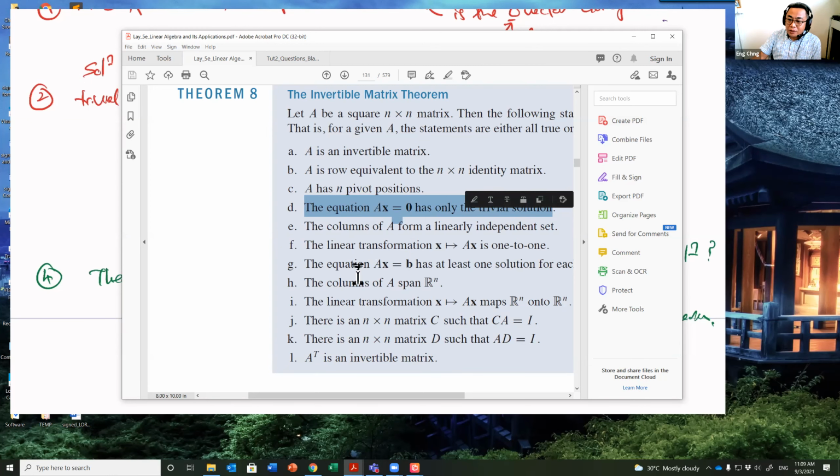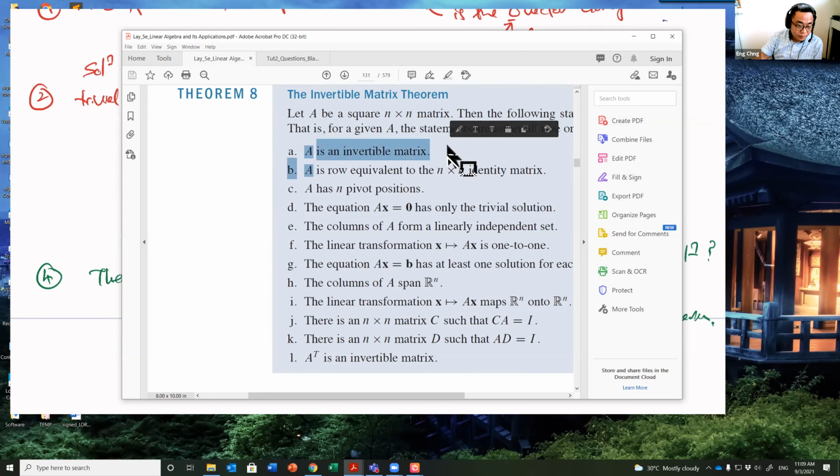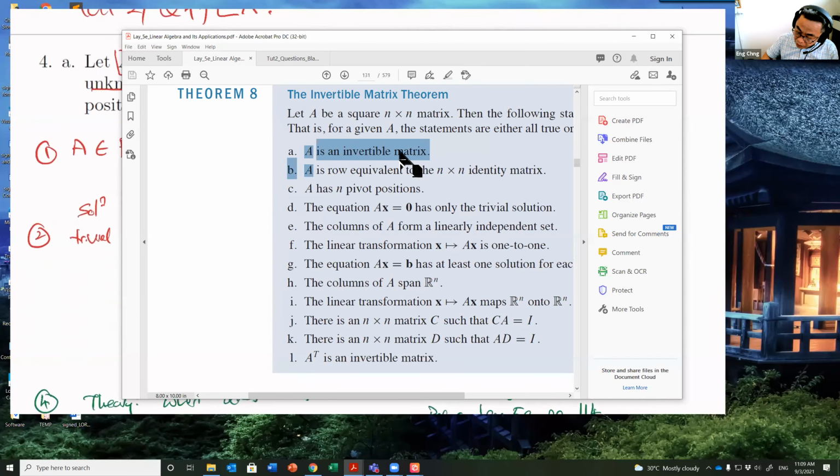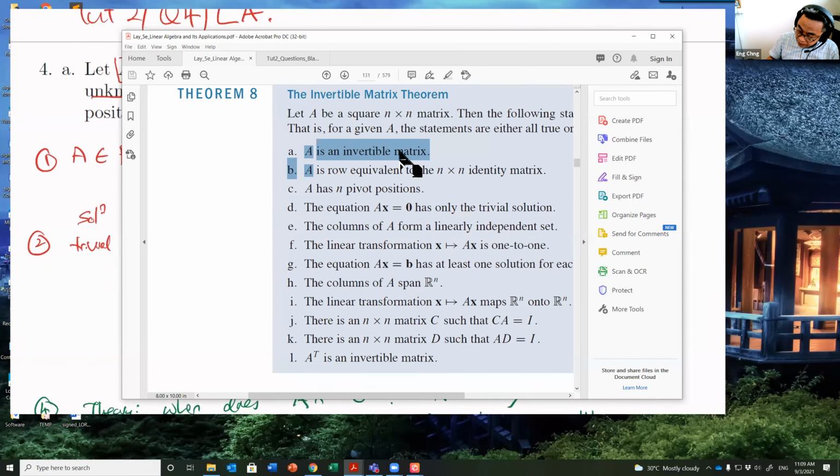So we are told this. We're going to use this to make a point, but let's try. We are already told that A has only the trivial solution.